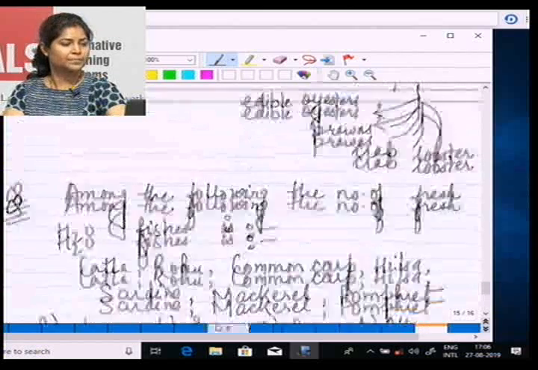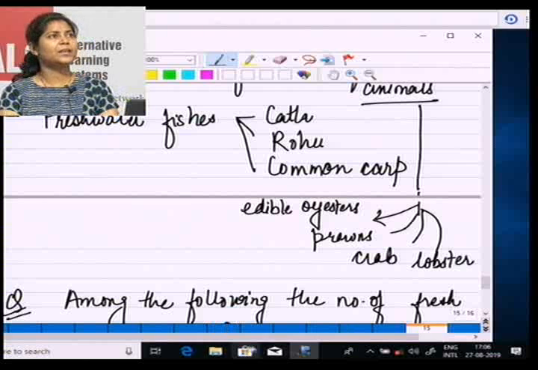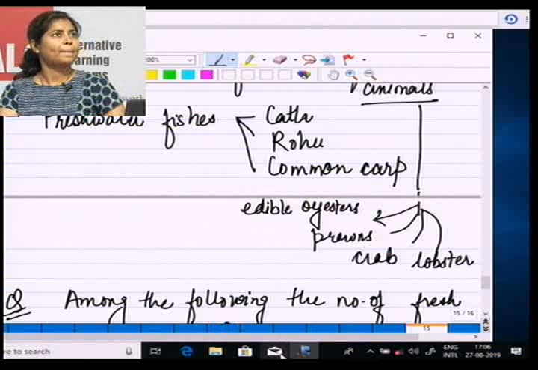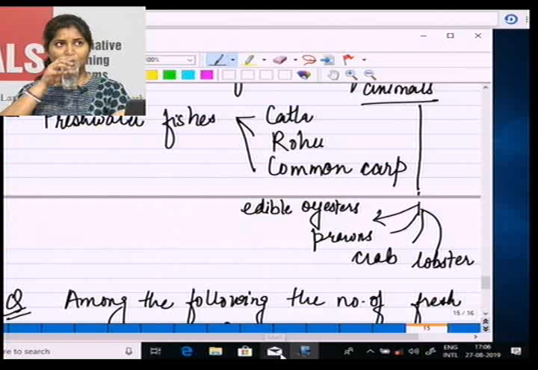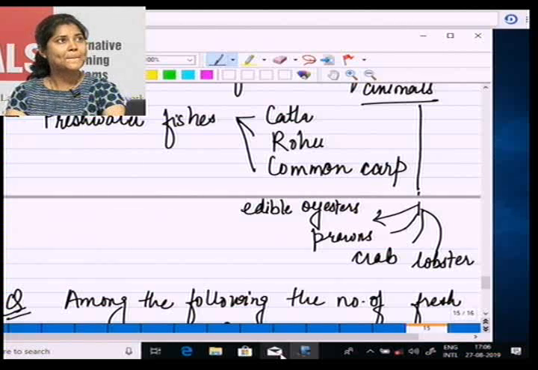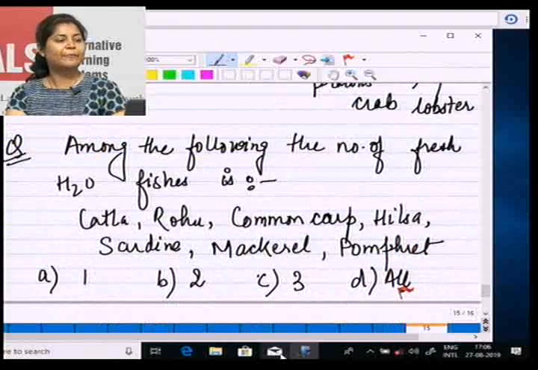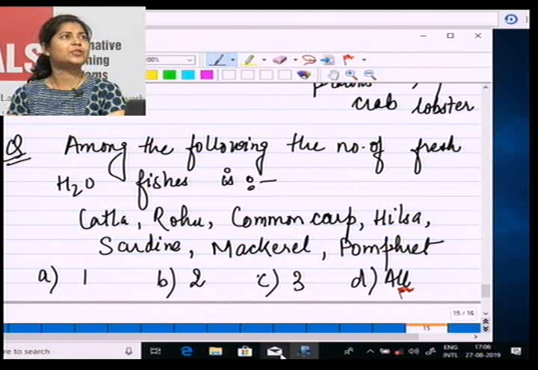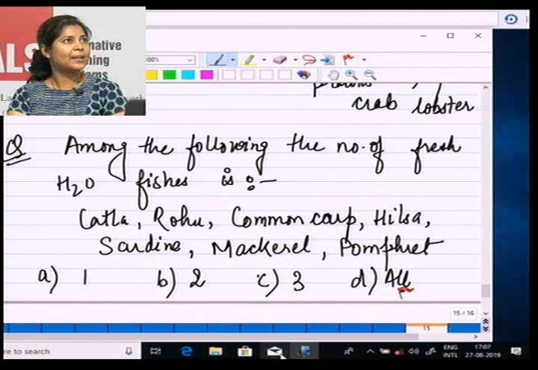Yes, St. Paul's. Did you copy this? Everybody? Good. So how many of you can find out the freshwater fishes? Just now I have taught you this. Very good, Senapati. Very good, Aizwal.